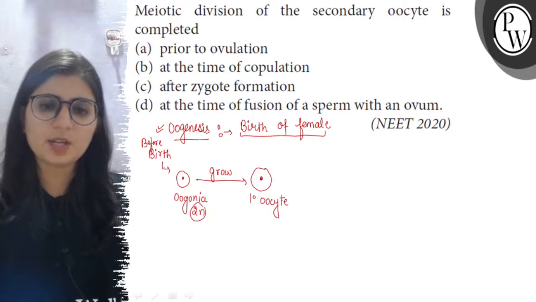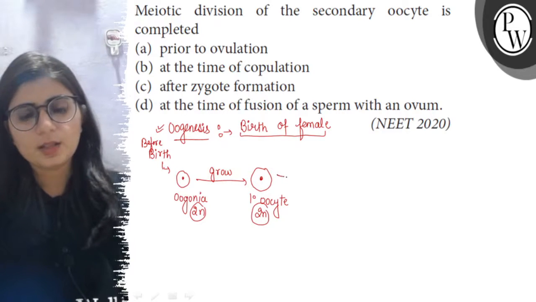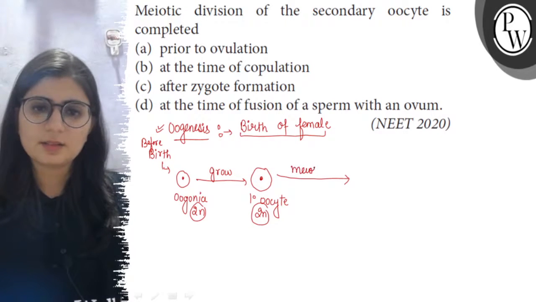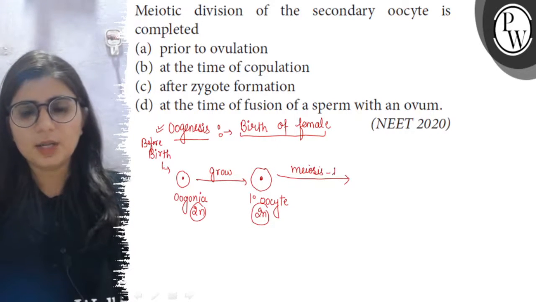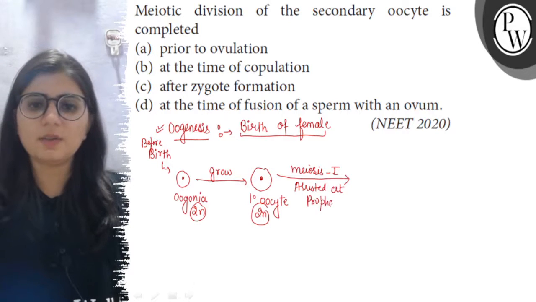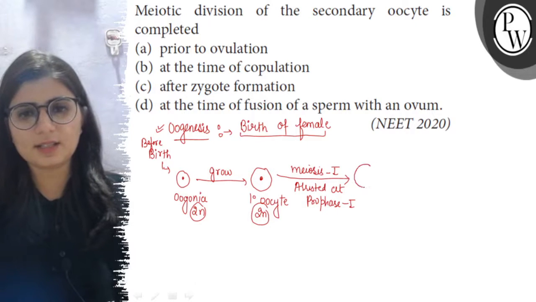Then these primary oocytes start meiosis 1, but it is not completed, and they get arrested at prophase 1 of meiosis 1.